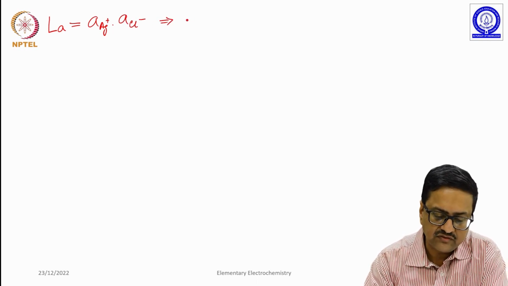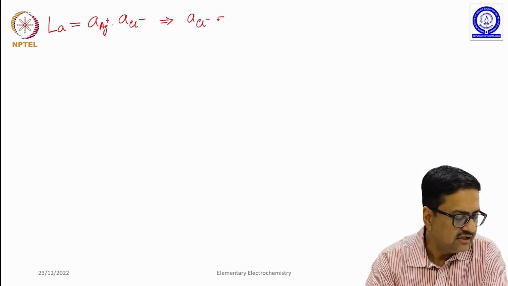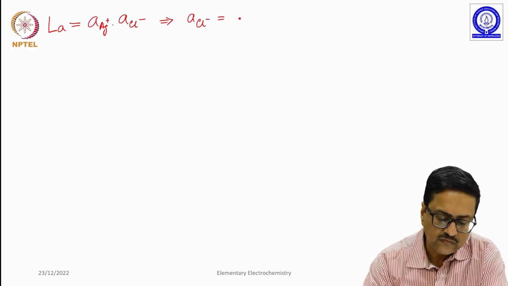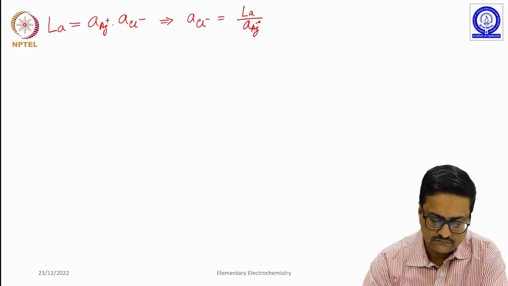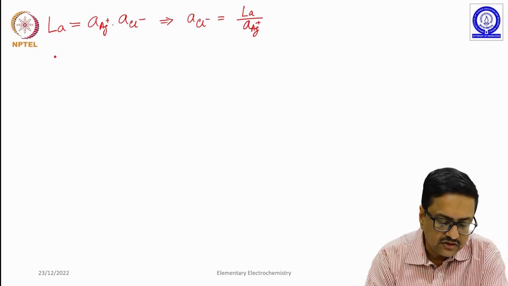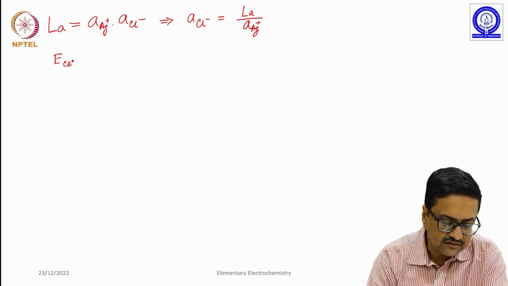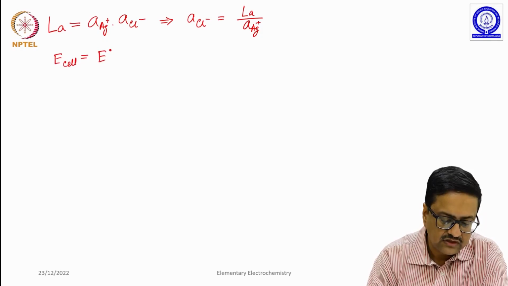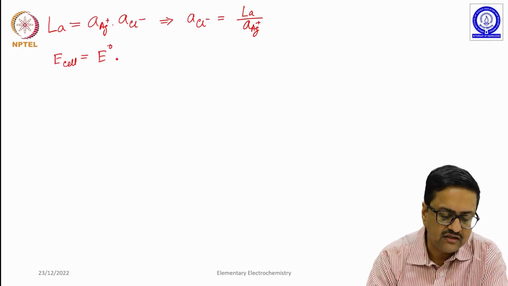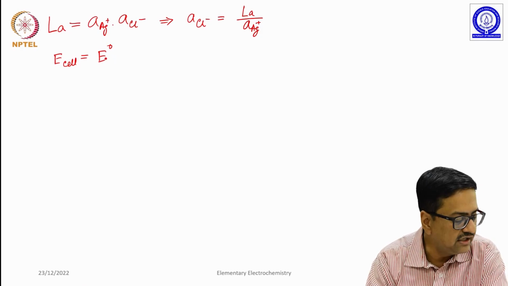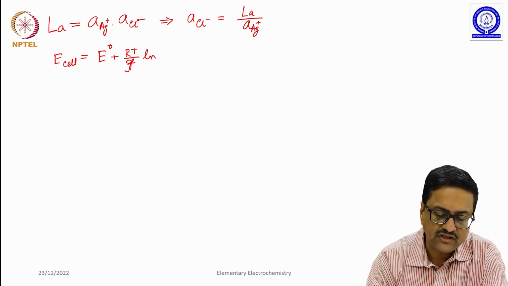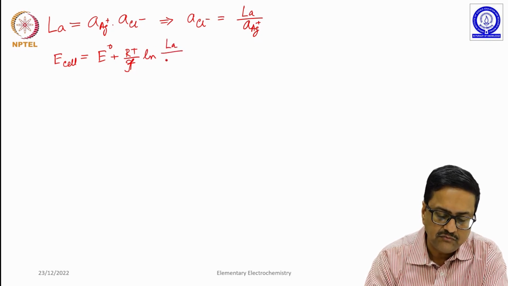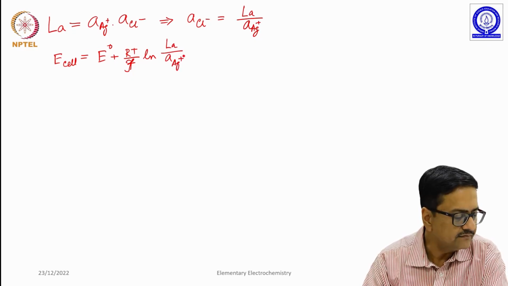So, from this equation you can write activity of Cl minus is equal to La by activity of Ag plus. So, you can now again replace E cell equal to E0, which is the difference between silver chloride and calomel electrode, plus RT by F ln activity of Cl is replaced by La by activity of Ag plus.